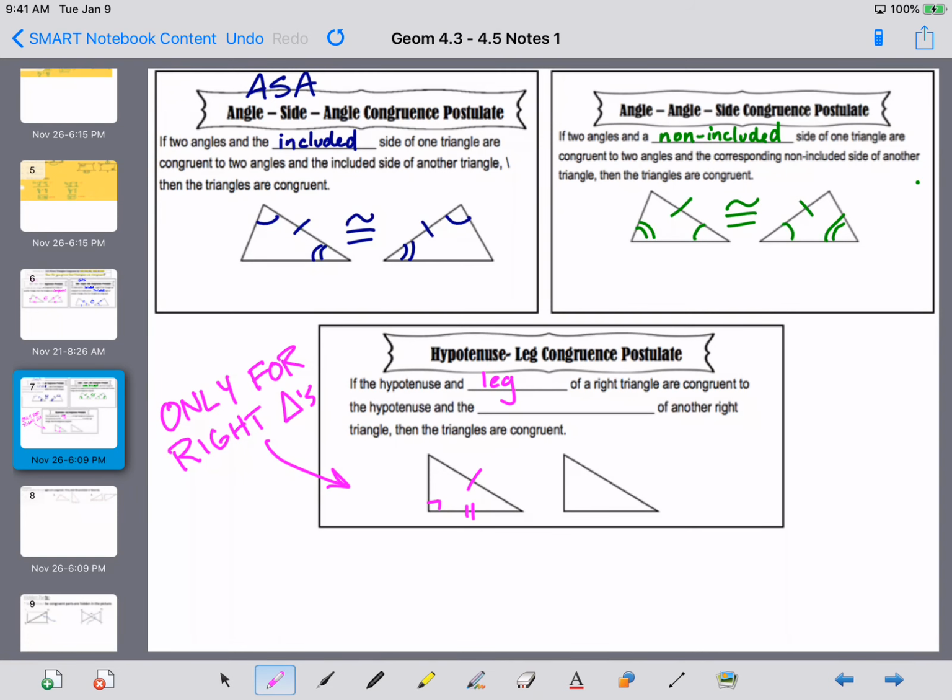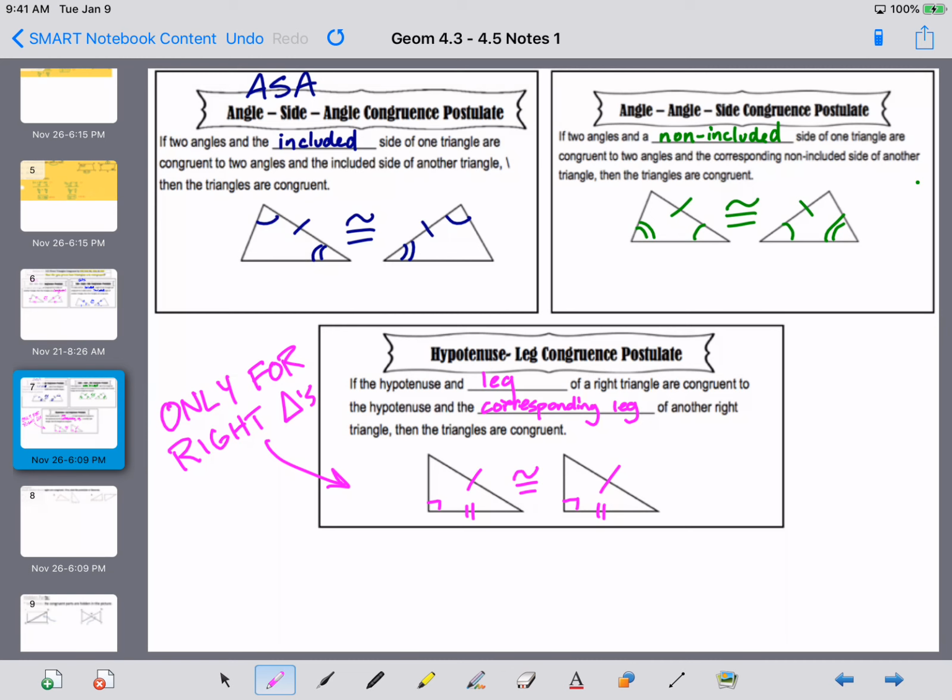So if those are congruent to the hypotenuse and the corresponding leg, so remember the matching leg, not left, the matching leg, so that would match here, of another right triangle, then those 2 triangles are congruent.